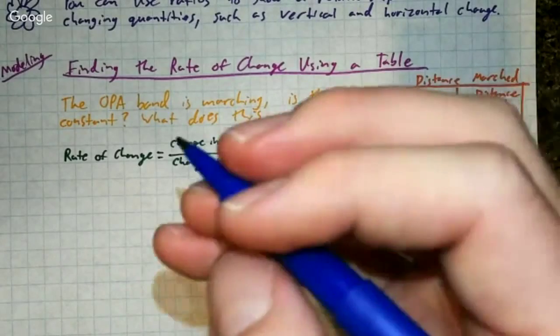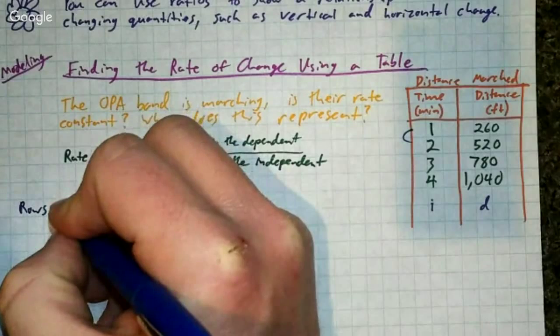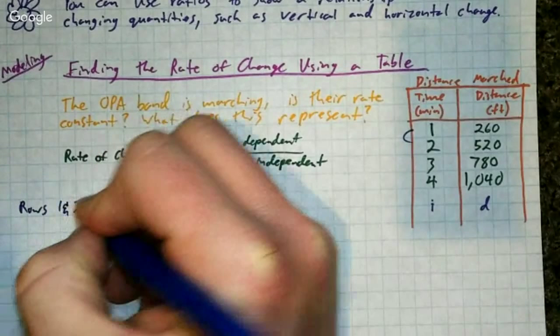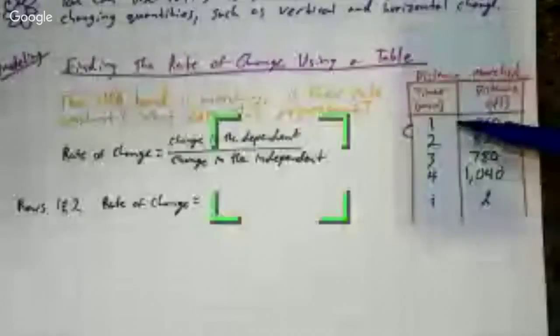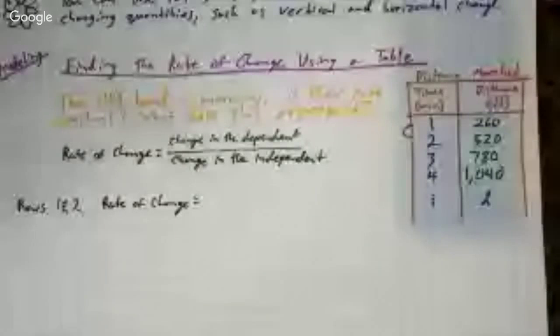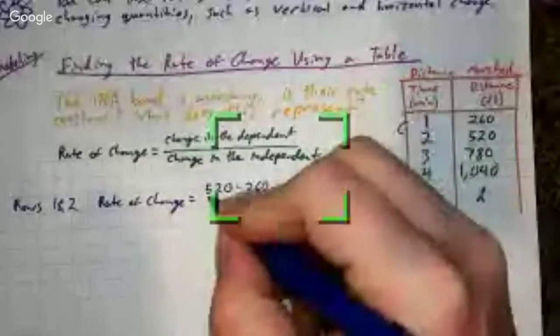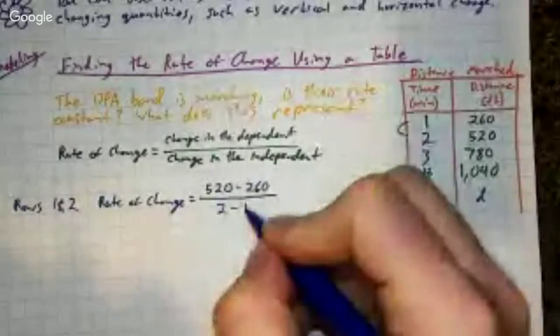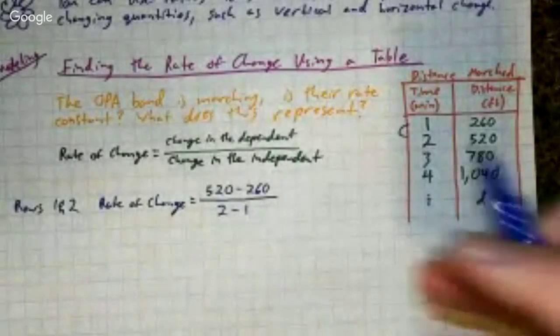For rows 1 and 2, the change in the dependent over the change in the independent. Well, the change in the dependent is going to be 520 minus 260 over 2 minus 1. So the dependent first, the independent second.